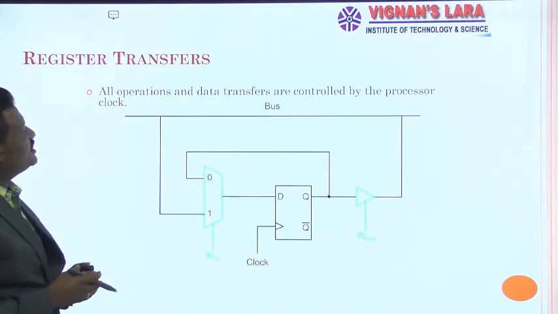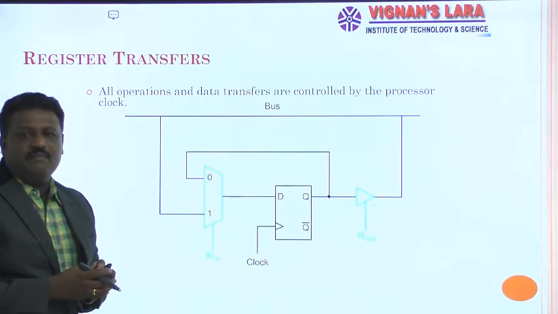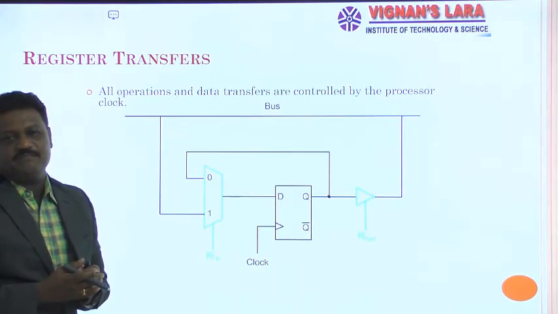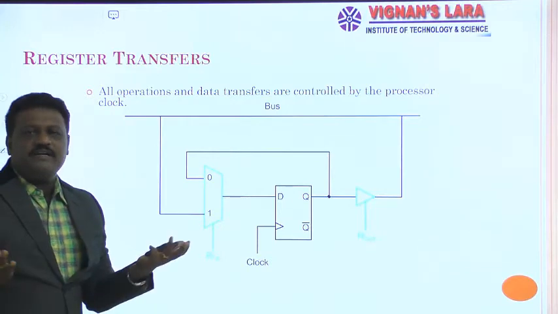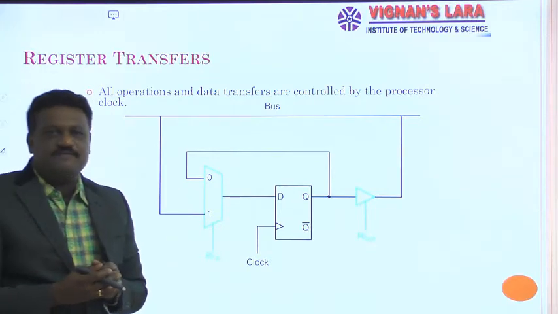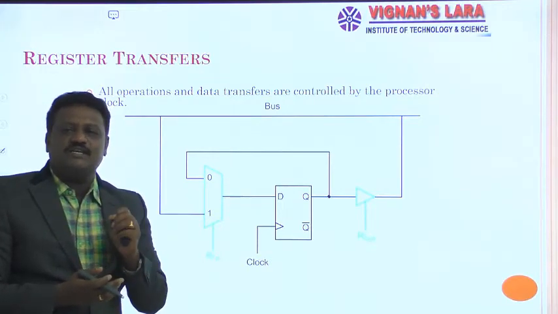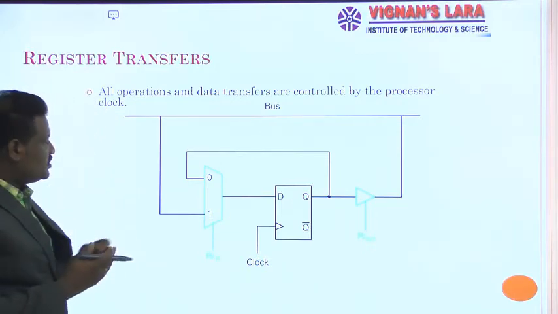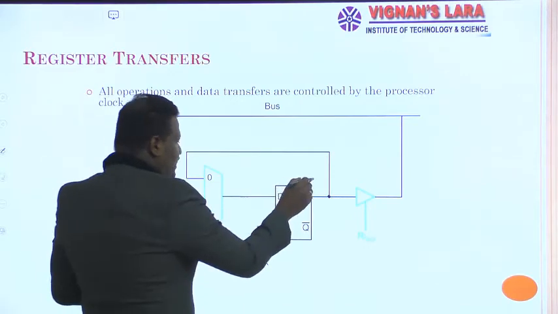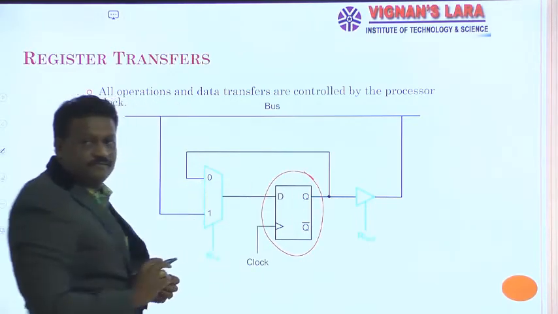And I am going to explain the same register transfer by considering a single bit of a register. We know that a register is nothing but a group of flip-flops. By considering a single flip-flop, let us see how I can do this data transfer. So see here guys, this is my edge triggered D flip-flop.